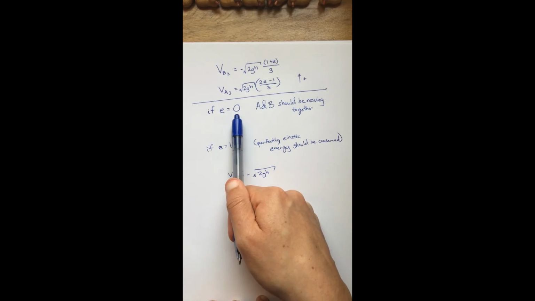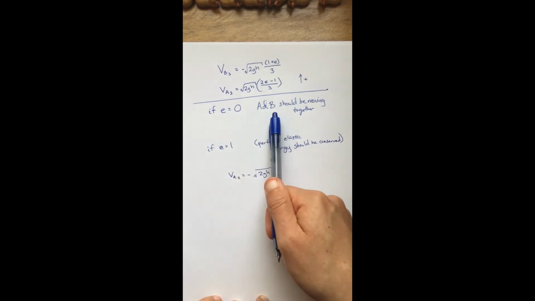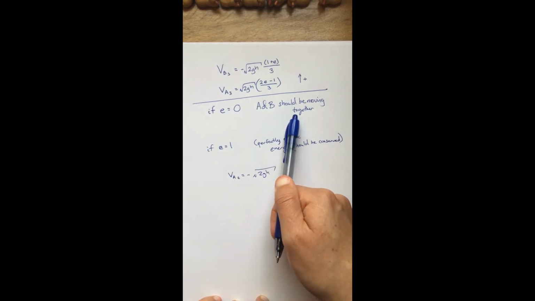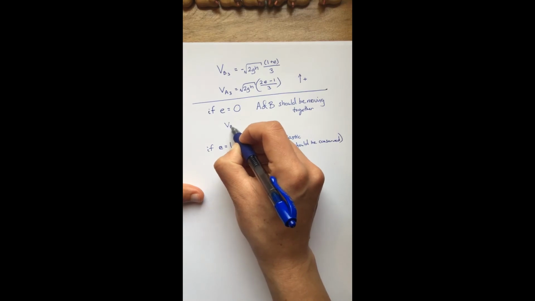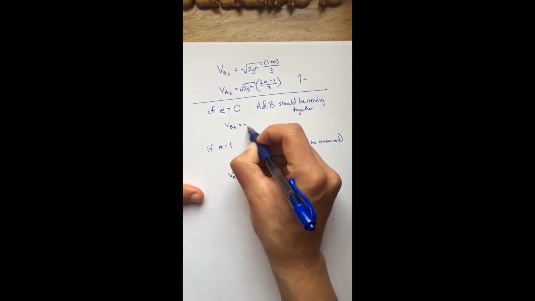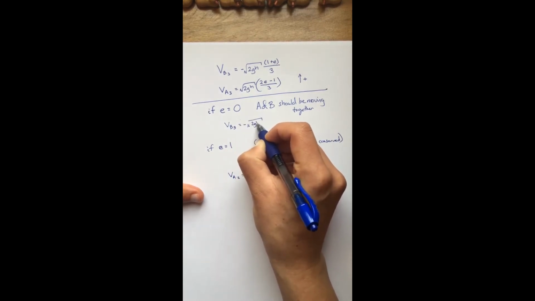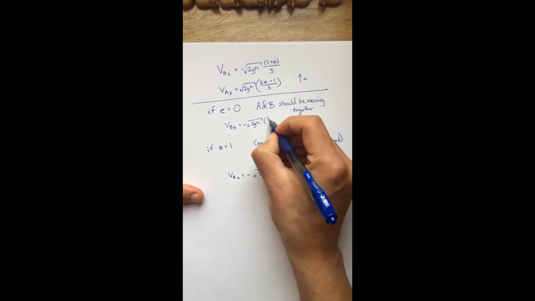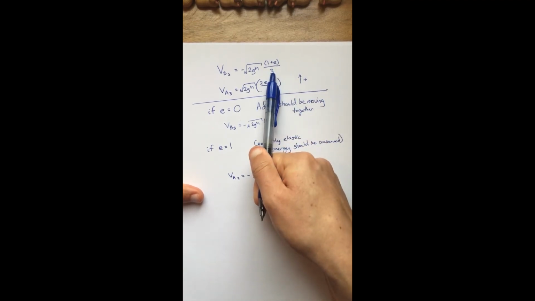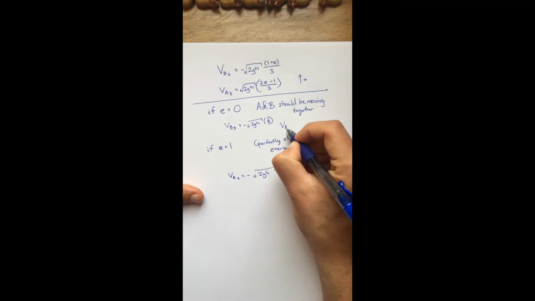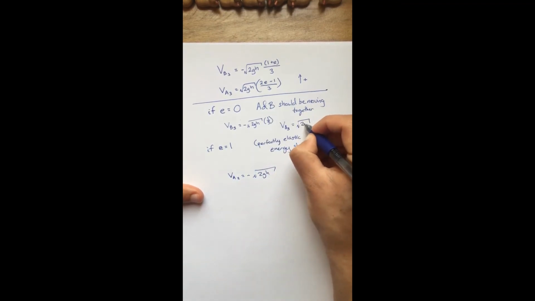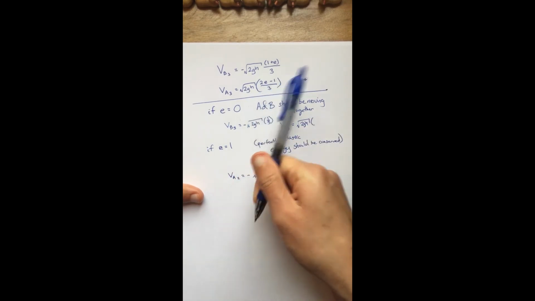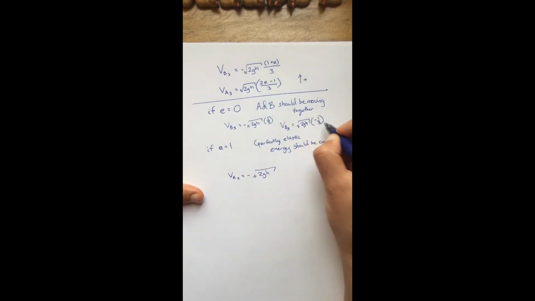If E is equal to 0, it's a plastic collision, and the objects should stick together and be moving together after the collision. If they're moving together, they should have the same velocity. If E is equal to 0, for VB3, you get negative square root of 2GH times 1/3. That comes from this. And for VA3, you have square root of 2GH times 0 minus 1 over 3.